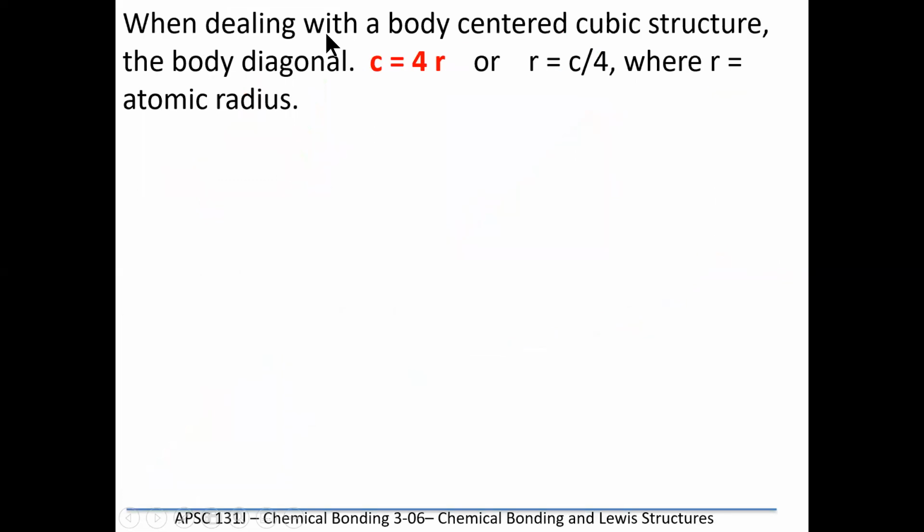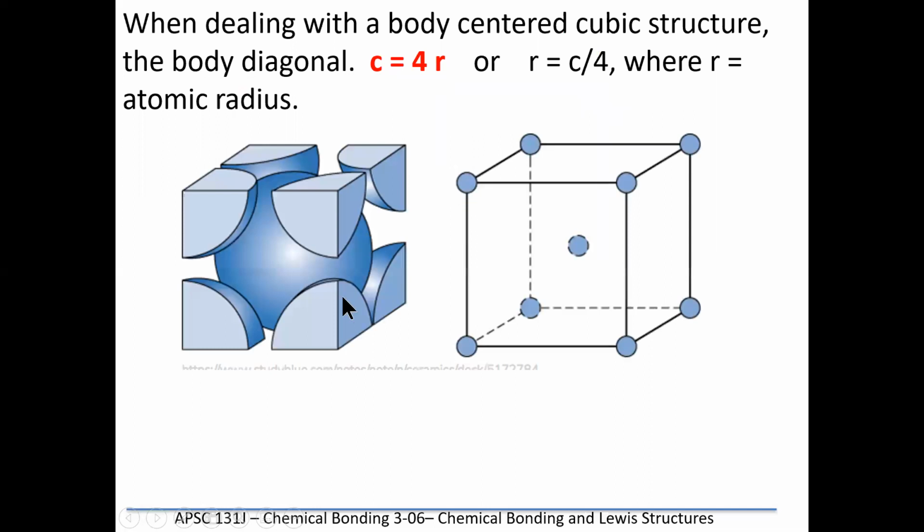So now, when you're dealing with a body-centered cubic structure, C, that diagonal we just talked about, is really equal to 4 times the radius of atoms. And I'll show you that relationship by looking at this diagram. Again, a body-centered cubic has an atom in the middle, and we have these 1/8 of atoms at each corner.